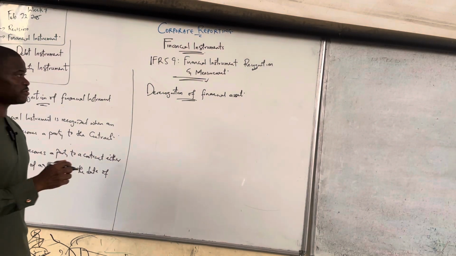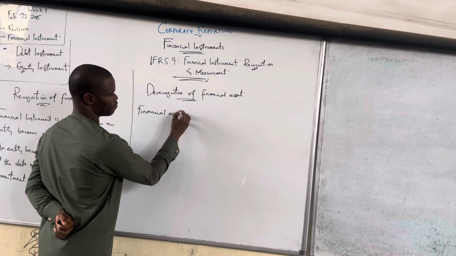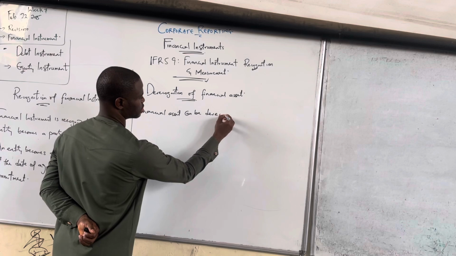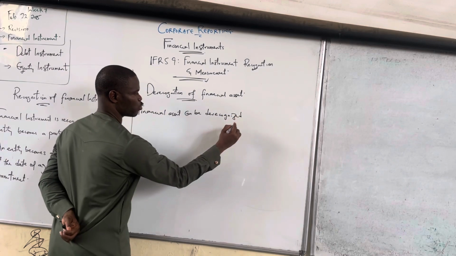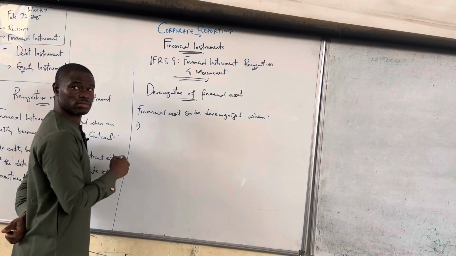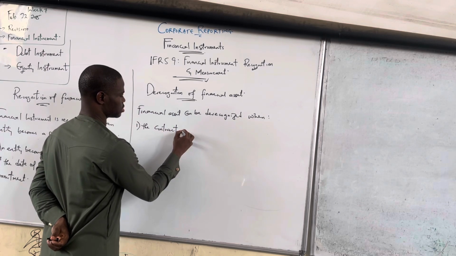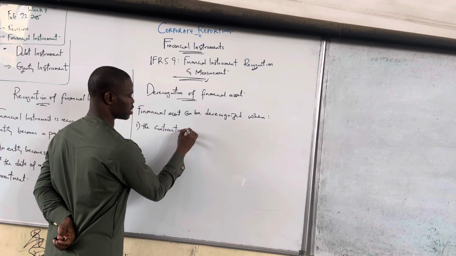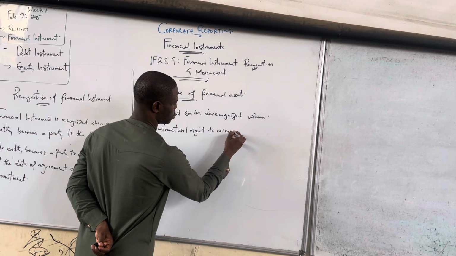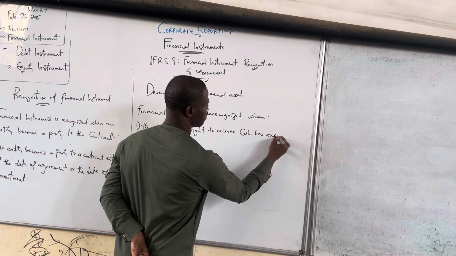IFRS 9 says that a financial asset can be derecognized when, one, the contractual rights to receive cash have expired.